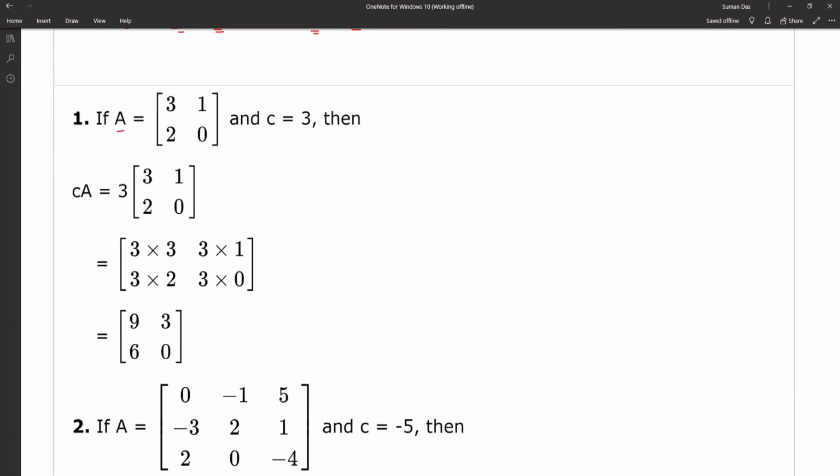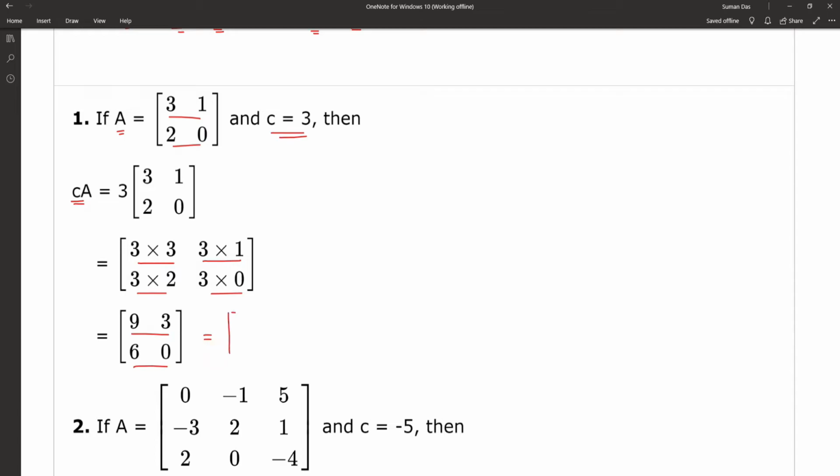If capital A is the matrix [3 1; 2 0], and C is the scalar, that is 3, then CA means 3 into [3 1; 2 0], or each and every element of the matrix A is now multiplied by the 3. So we get 3 cross 3, 3 cross 1, 3 cross 2, 3 cross 0. Finally, we get [9 3; 6 0].